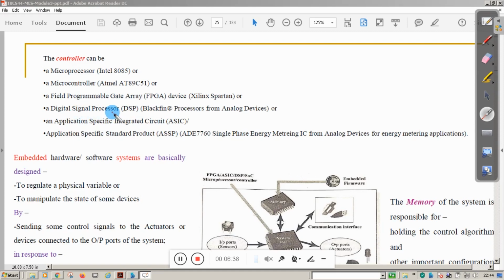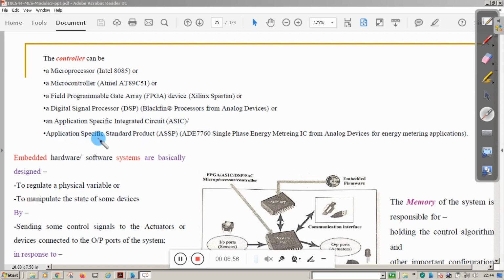Other than that, we have the digital signal processor, which is basically used to process data related to multimedia. Then we have the application specific integrated circuit, which is meant for a particular application or particular hardware.